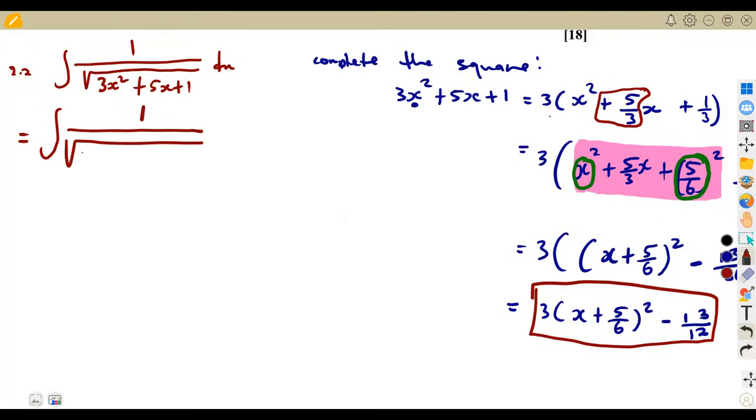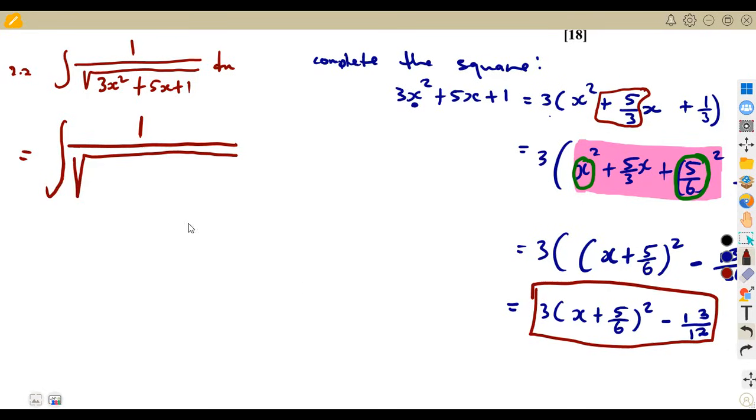Let me just try to increase this so that we can accommodate everything. So this will be the integral of 1 over the square root of 3 into x plus 5 over 6 squared, minus 13 over 12, with respect to x.